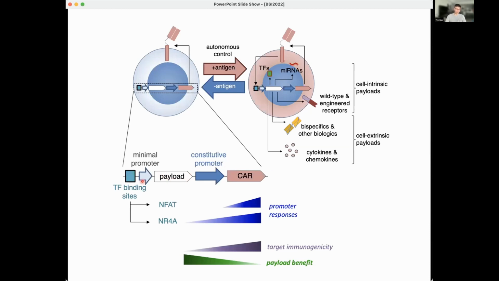The beauty here is that this is a platform, and in theory, any gene could go in here. Of course, this is limited by your gene editing capacity, right? But in fact, whatever you want to put in here can really determine what kind of response you get. It could be immunosuppressive to treat autoimmune disease, right? So no, absolutely, I think there's a lot of context where this could be applied.